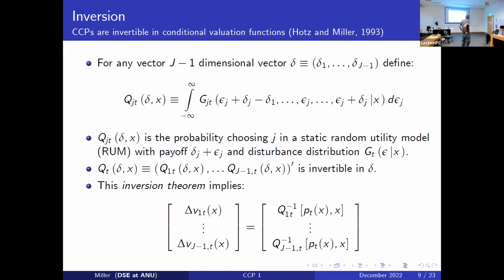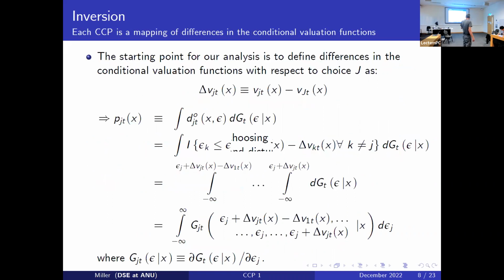So let's think about this just a little bit further. I want to define this Q function to be equal to the integral over this epsilon j. Let's go back one. Where does this G come from?